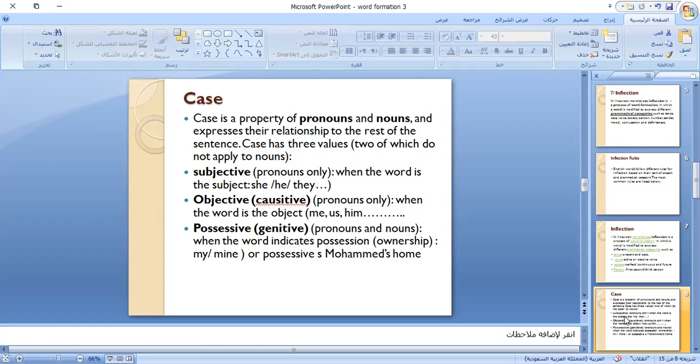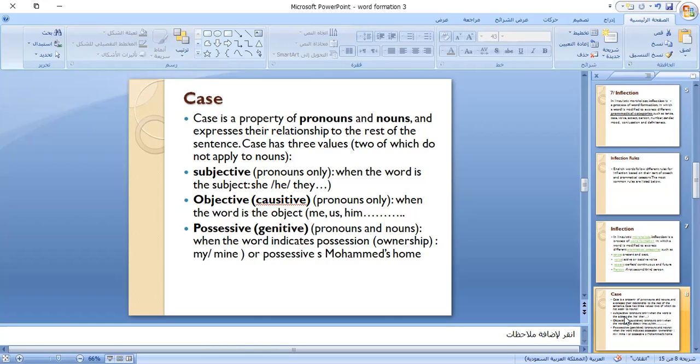Now, the possessive or the genitive, which applies to nouns and to pronouns. For example, in pronouns, I say, this is my book. My is possessive, I own it, it belongs to me. Or it is mine, also another form of possession.